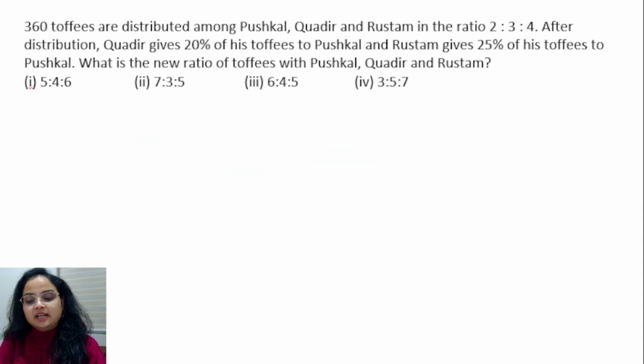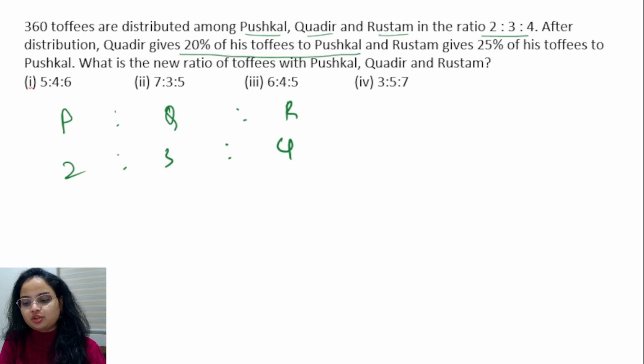Okay, next one. 360 toffees are distributed among Pushkal, Kadir and Rastam in the ratio 2 is to 3 is to 4. So this is Pushkal, Kadir and Rastam. Ratio is 2 is to 3 is to 4. After distribution, Kadir gives 20% of his toffees to Pushkal. So here we will assume the numbers are 20, 30 and 40.